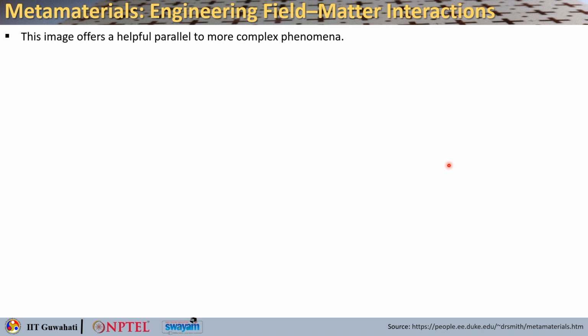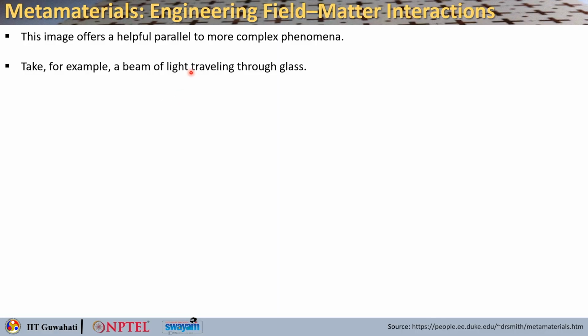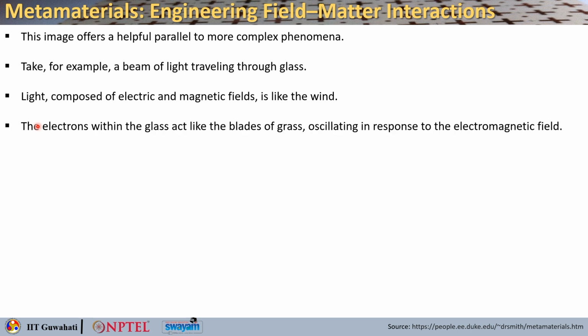If you are able to visualize this image, it can offer a very helpful parallel to many complex phenomena. For example, consider a beam of light traveling through glass. Light is composed of electric and magnetic fields, and you can consider this as the wind in this picture.